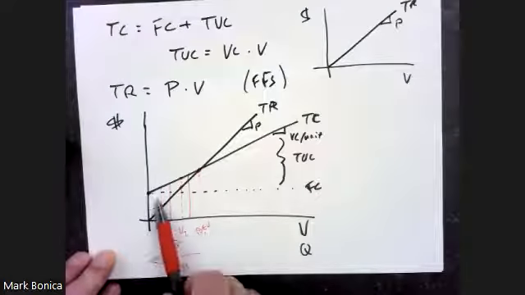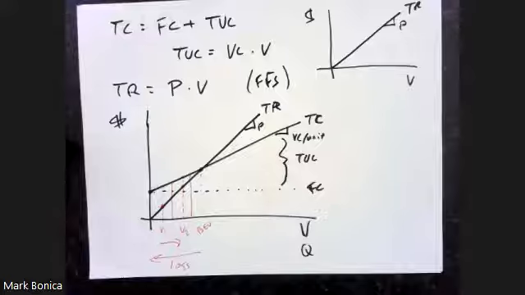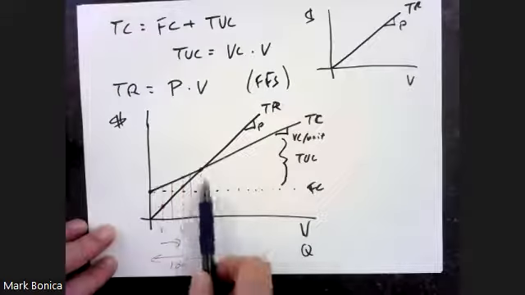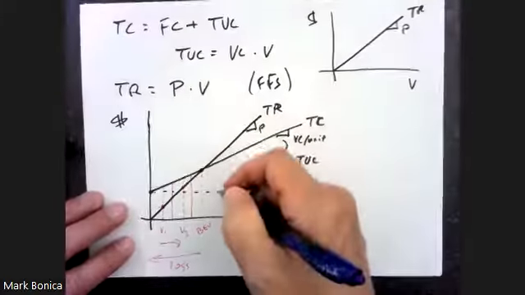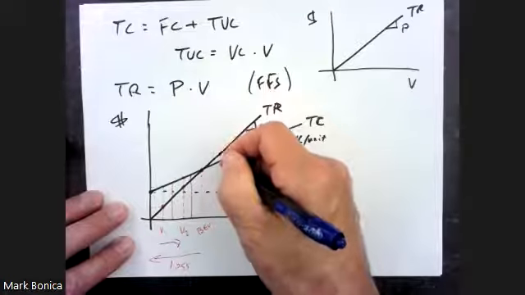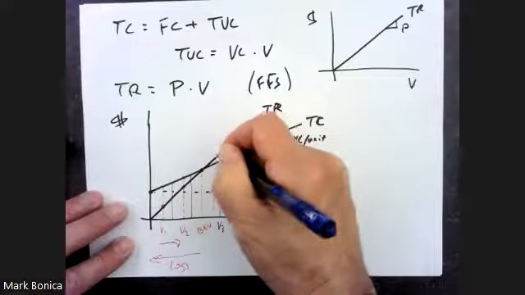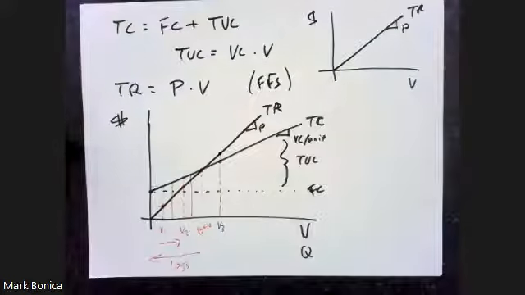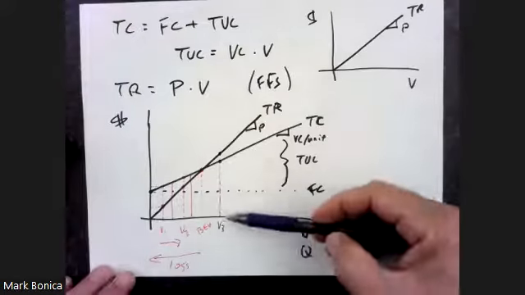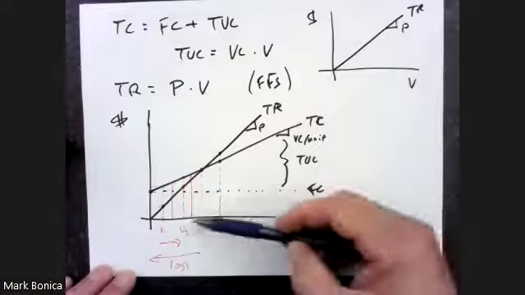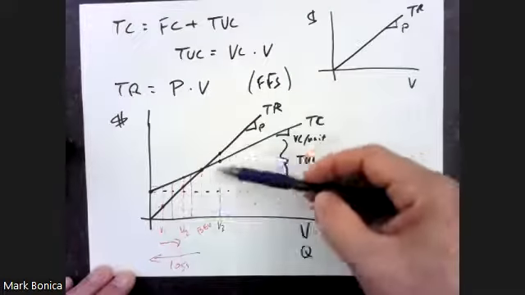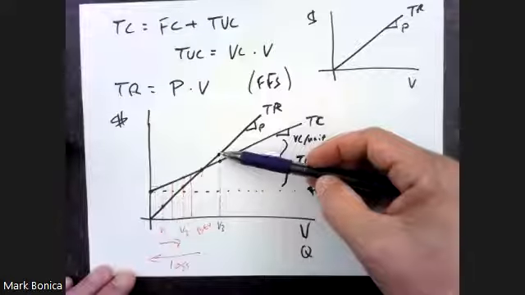Now, when we hit the break even, they're exactly equal, which means that profit is now equal to 0. So we've gone from negative numbers here to 0. And then here, let's call that V3. I now have a situation where my total revenue, remember, I'm always going to draw a straight line up from the volume axis up through the two curves to test, am I making a profit or not?